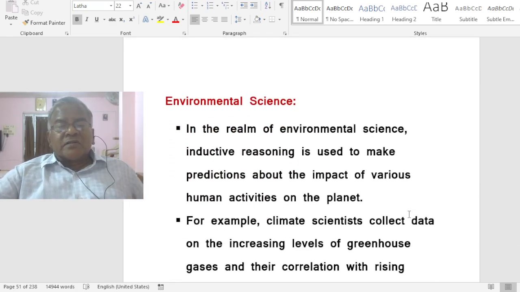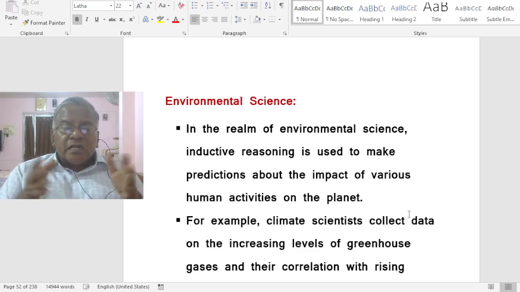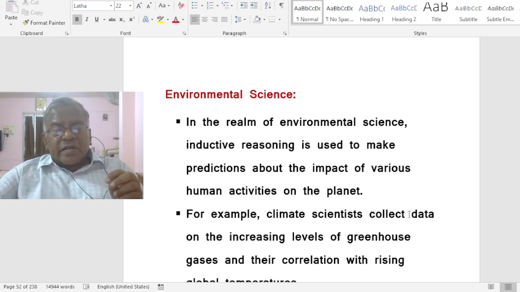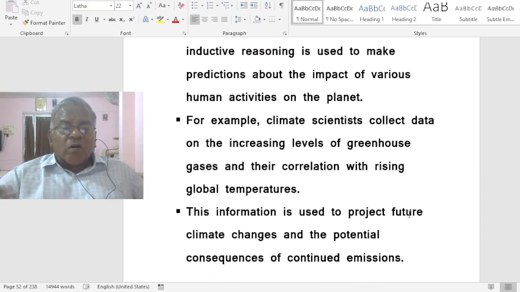Then environmental science. Inductive reasoning is very much used in environmental science also. In the realm of environmental science, inductive reasoning is used to make predictions about the impact of various human activities on the planet. For example, climate scientists collect data on the increasing levels of greenhouse gases and their correlation with the rising global temperatures, right?